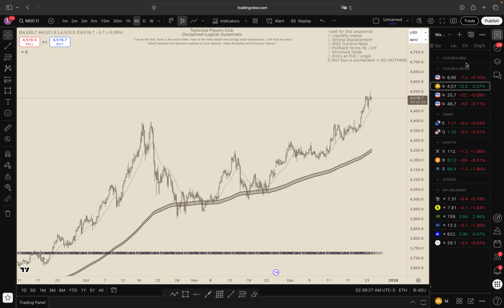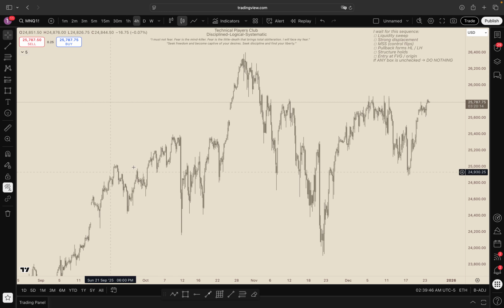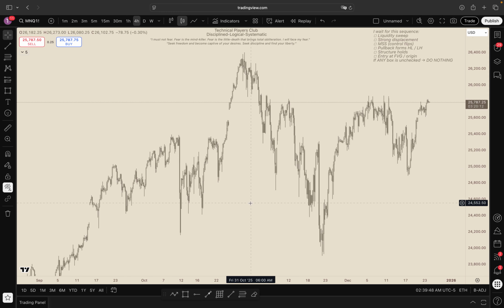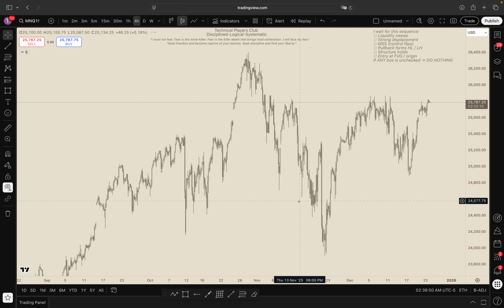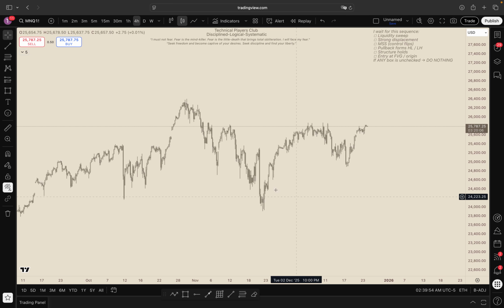Hold on, let's do NQ as a first example. We don't need to know about these indicators. You don't need to know anything about that because it's not really necessary, but it can be incorporated into your style. So we'll hide these indicators.